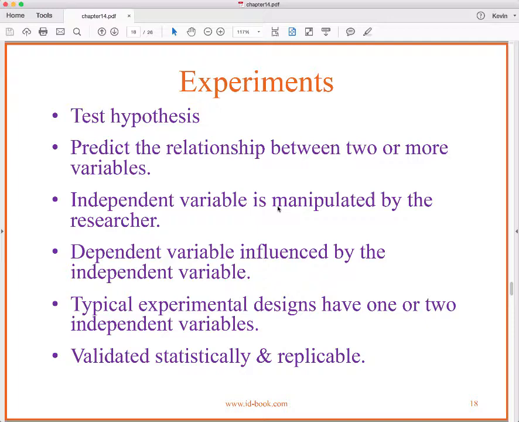Typical experimental designs have one or two independent variables. Okay, so that would also mean that they would have a companion dependent variable. So we're either going to do it with one or two.